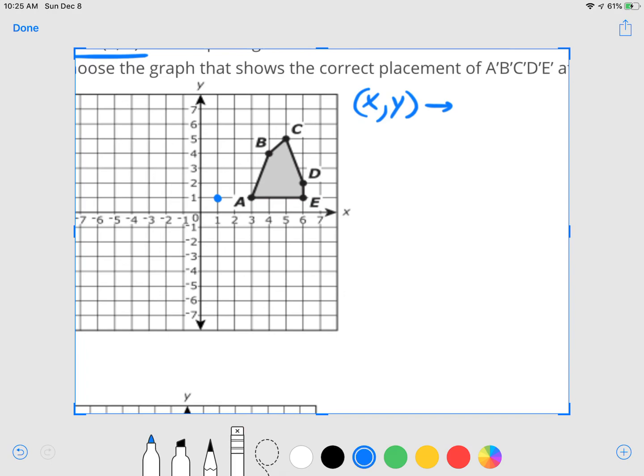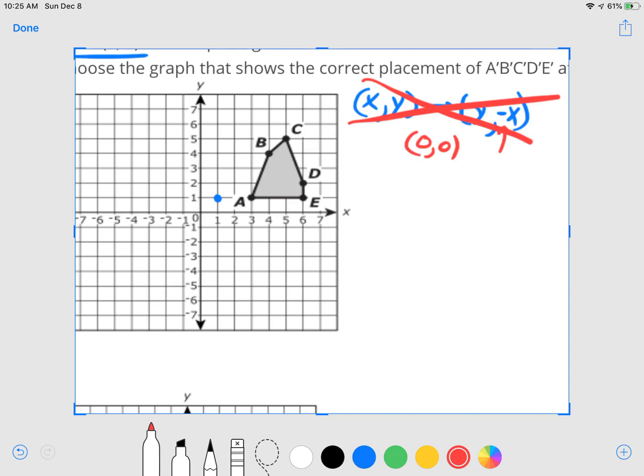Let's erase this one. That's the other way, where you still switch the x and the y, but it's the coordinate on the right that gets the negative. We can't use this. This only works for rotations around the origin, 0, 0. But here we're rotating around this point, 1, 1.